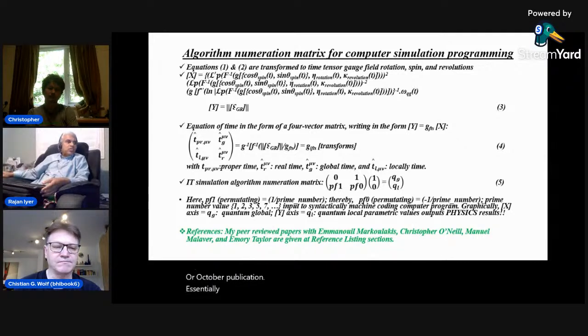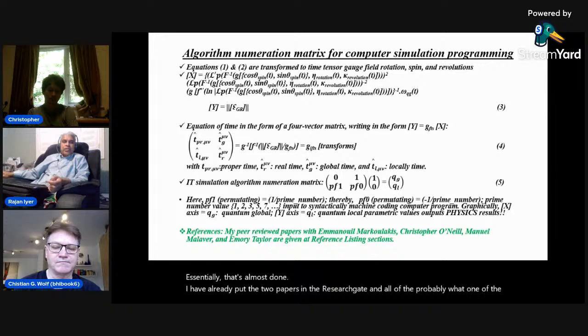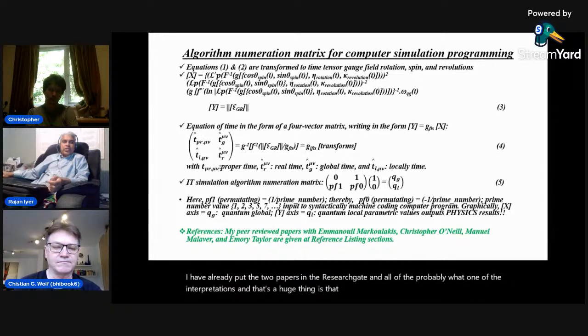Essentially, that's almost done. I have already put 2 papers on ResearchGate, and one of the interpretations, which is a huge thing, is that at the quantum level, the time is inside, and what is outside is the space field. So only the space field, the time is only implicit there, but the events are what we talk about, like quantum tunneling, things like that.